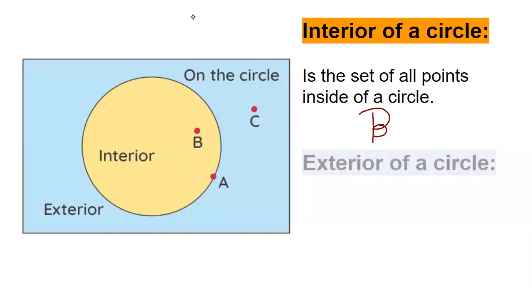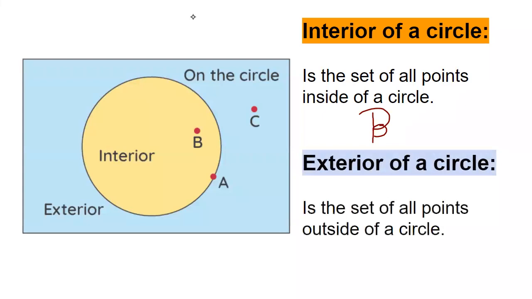My next term here is the exterior of a circle, and it's the set of all points outside of a circle. So all of the points that exist outside of my circle. I have many, many points, but we just have some that are labeled here. Which one is present here? C in this case.